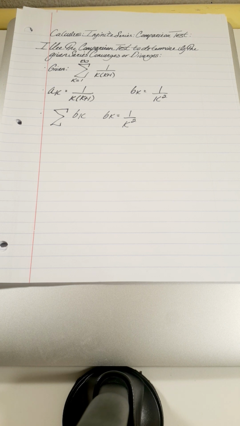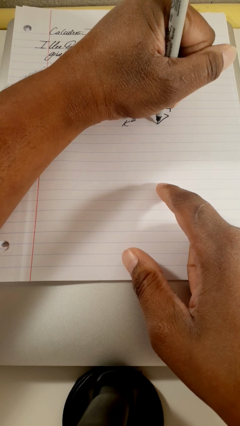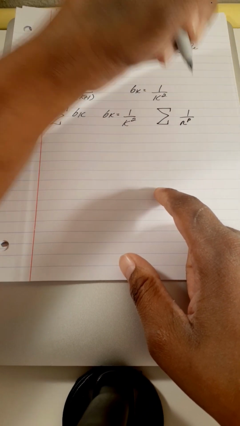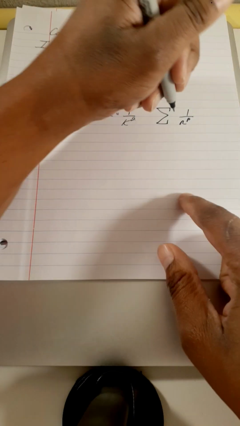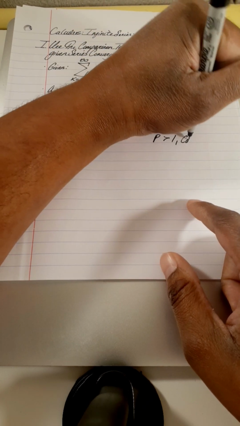Hopefully you can easily see that this clearly converges by the p-series test. Remember that if I have a series, let's say 1 over n raised to the p, it's important to keep in mind that if p is greater than 1, it converges.